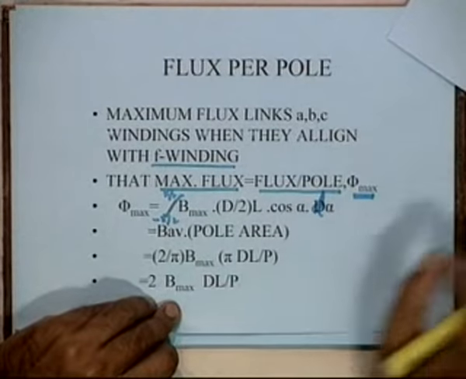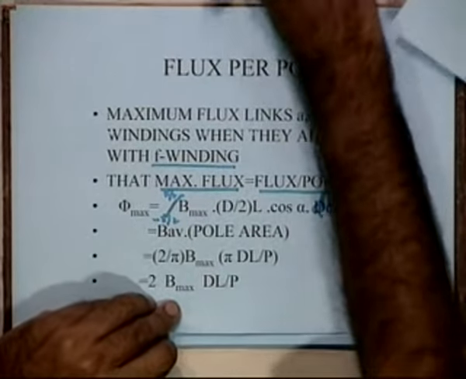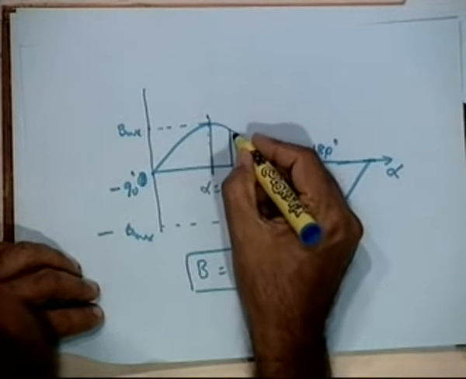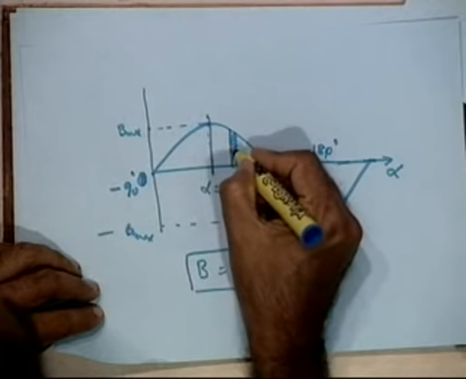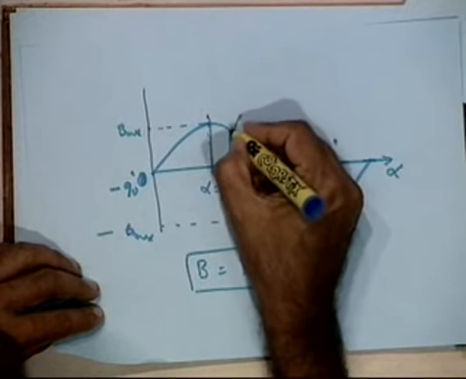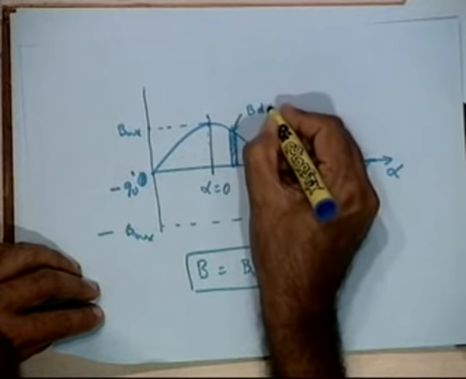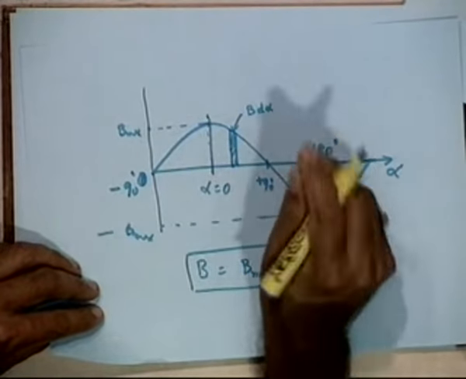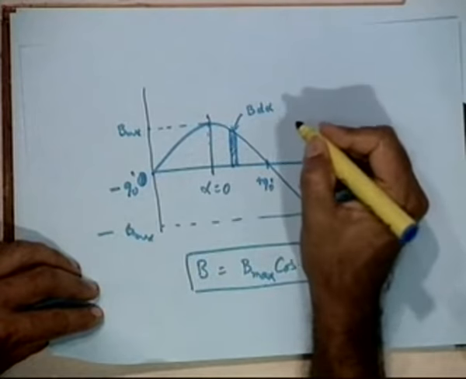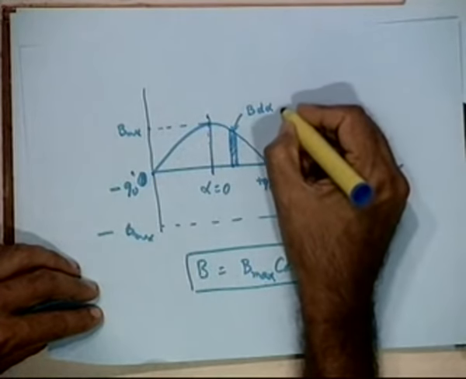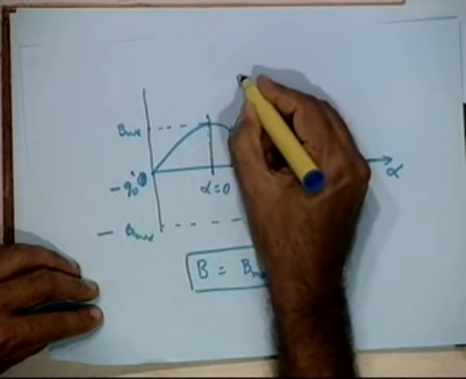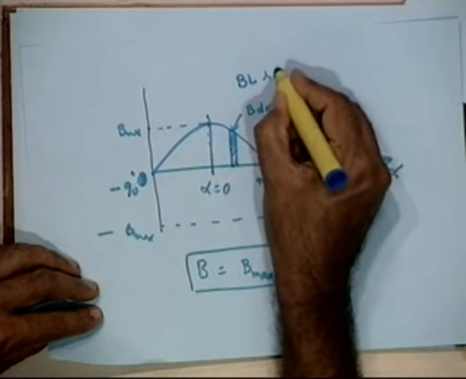It is the B at any point alpha, so we have dphi, that is nothing but B d alpha, into the small strip, R into L. Actually it is B L R d alpha.